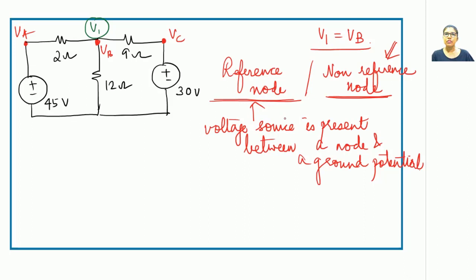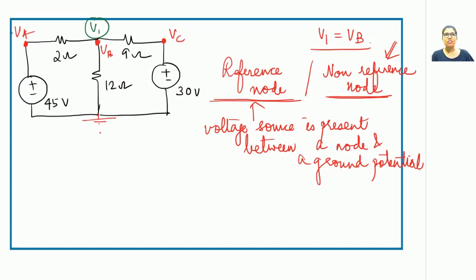So do we have any reference nodes in this circuit? Yes, we have. We have 2 reference nodes in this circuit. Now look at V1. V1 is connected to a voltage source of 45 volts and that is further connected to ground. So is this voltage source present between a node and a ground potential? Yes. So is it a reference node?